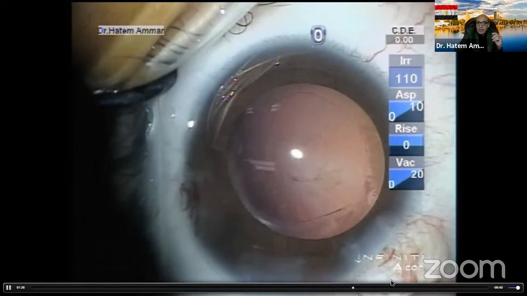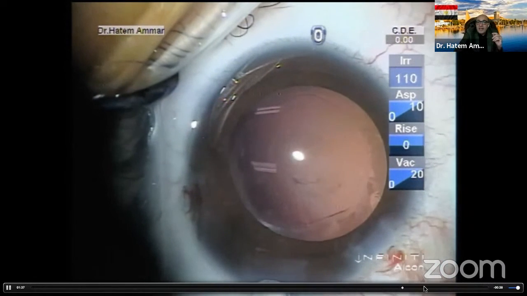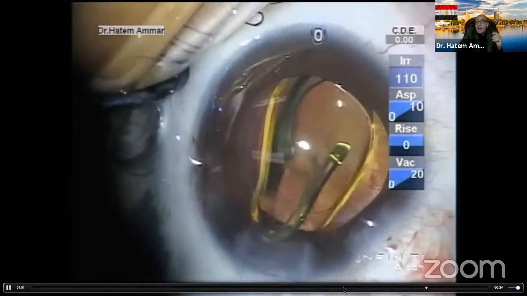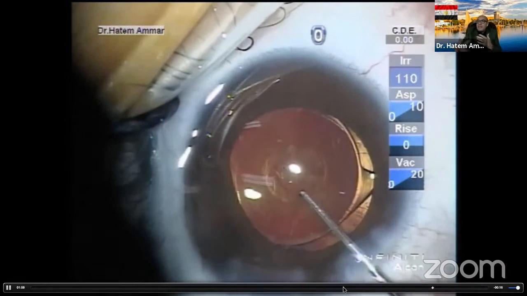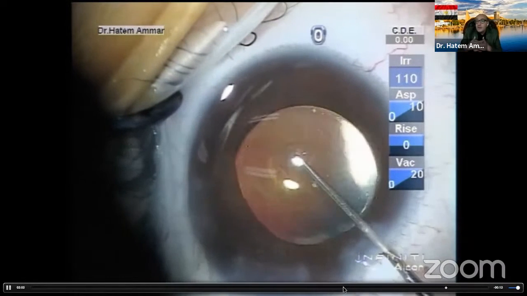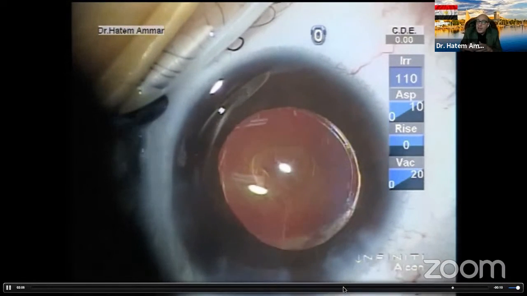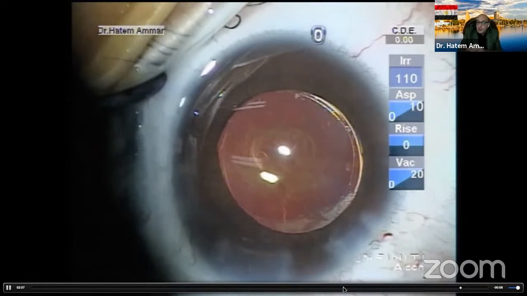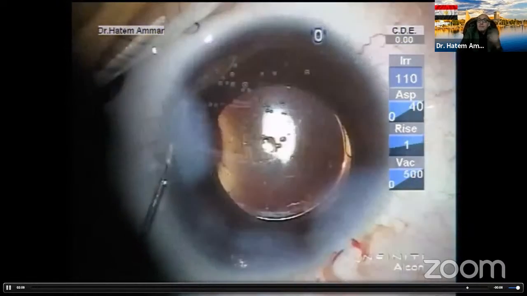You can implant a single piece IOL here in the bag, without the need to implant a multi-piece. She's young, and I want to give her a spheric IOL, so you can make use of the small tear in the posterior capsule to convert it into a posterior capsulorhexis.